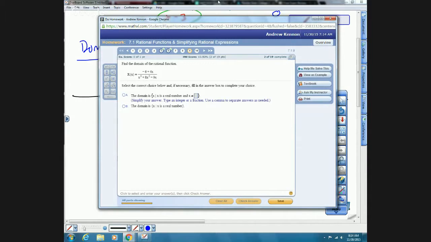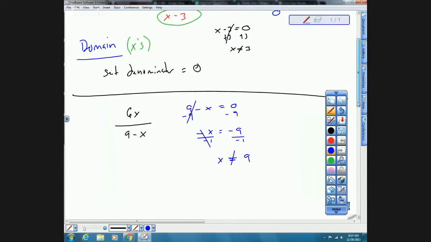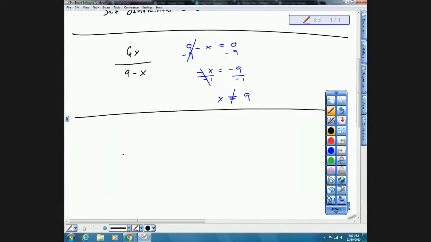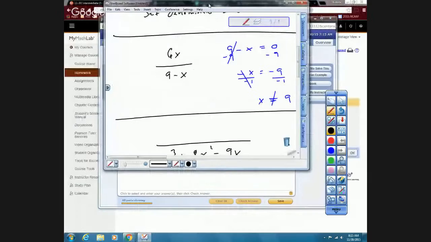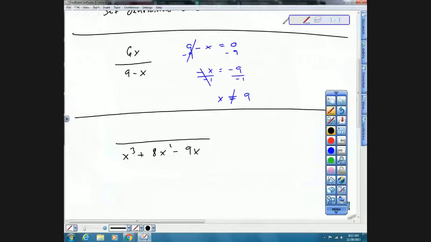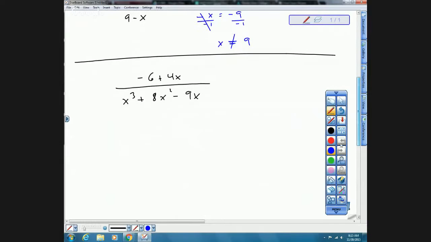What about one like this where you have x cubed plus 8x squared minus 9x? Here you're just setting the denominator equal to 0.